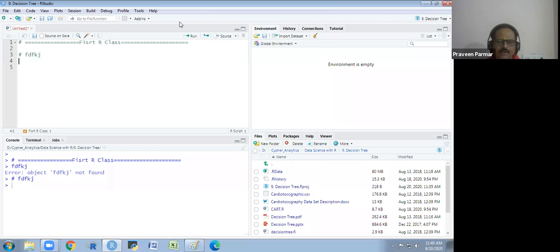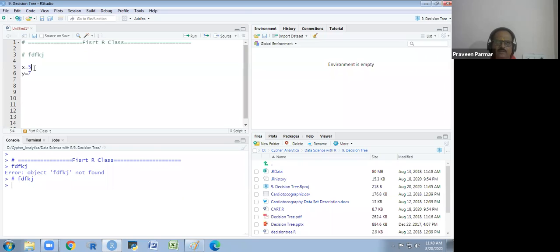Second thing, if I write anything here and use the enter key, there is no difference. It is not running. The cursor will just move and it will not run the script.